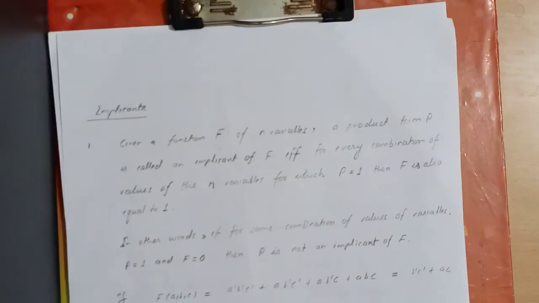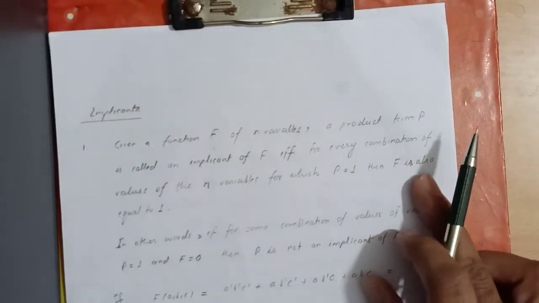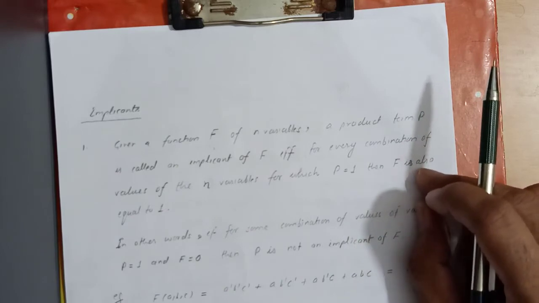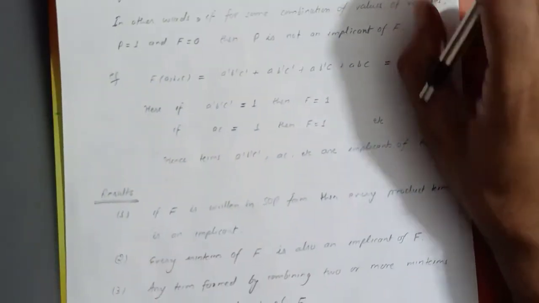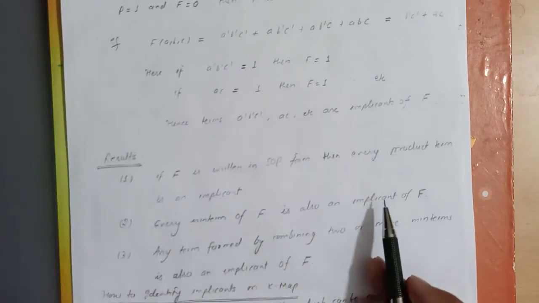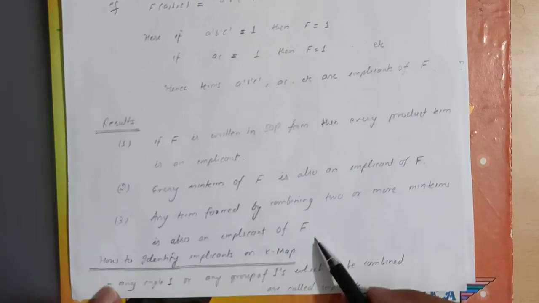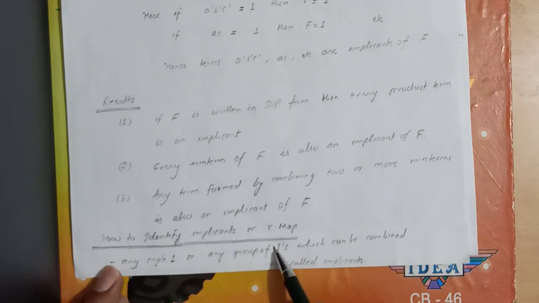So basically, in case of implicant, firstly we have defined what is implicant, and then we have noted down a few results regarding it. We have also seen how we can identify an implicant on a K-map.